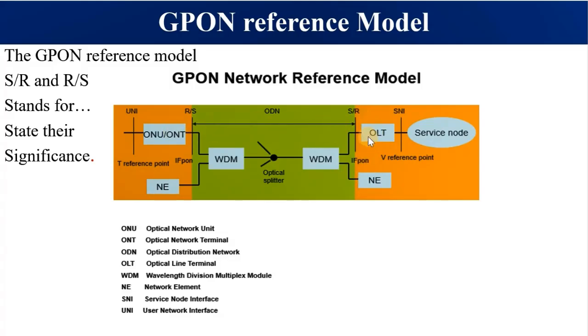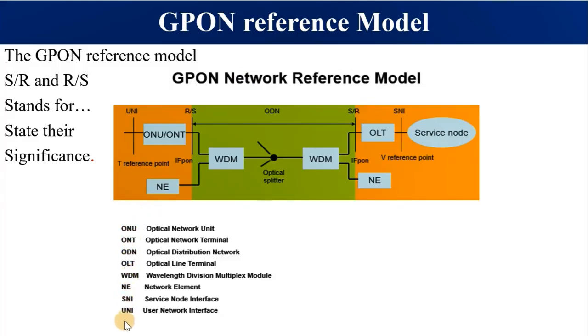So we have a GPON interface card where our network is going to terminate. NE stands for network equipment. So this is an OLT, this is an ONU or ONT. Please take note, they are used interchangeably. So that's the reference model for a GPON network.